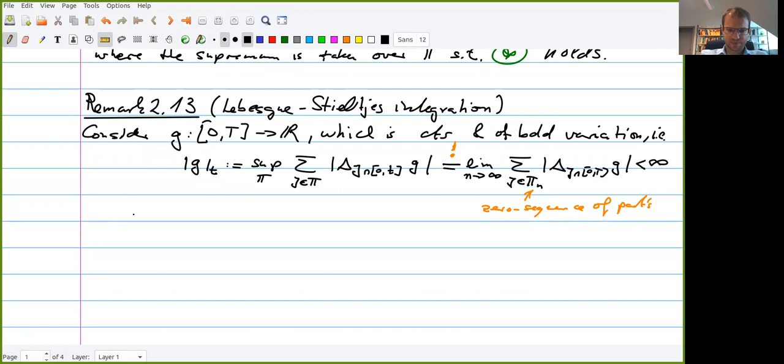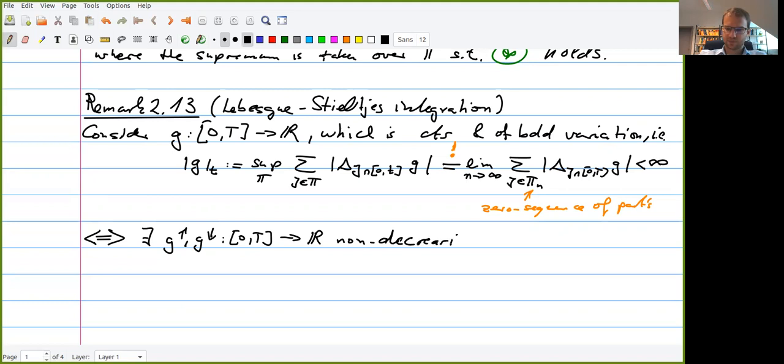If this is true, this is actually equivalent, at least for the bounded variation part, to saying there exist a g upwards and a g downwards, two non-decreasing functions, such that g is equal to g upwards minus g downwards.